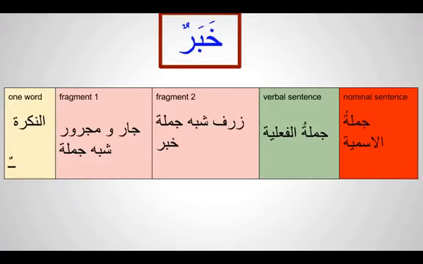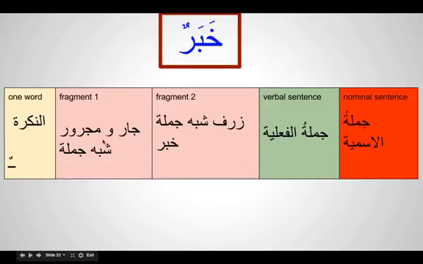Dhahaba Ahmadu ila al-jami'a, we still say the same, but in Arabic, it makes a lot of difference. So we have to investigate in a different way. And finally, Jumlatul Ismiya itself can come as a khabar, which we learn later on, inshallah. So these are the types of khabars we have in a sentence.